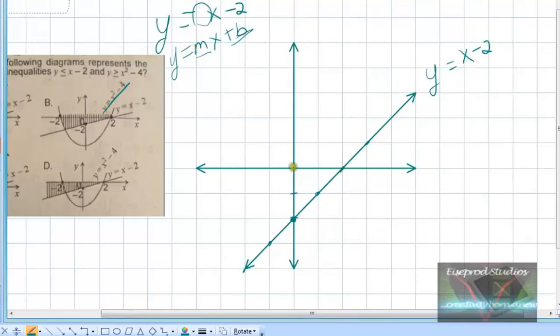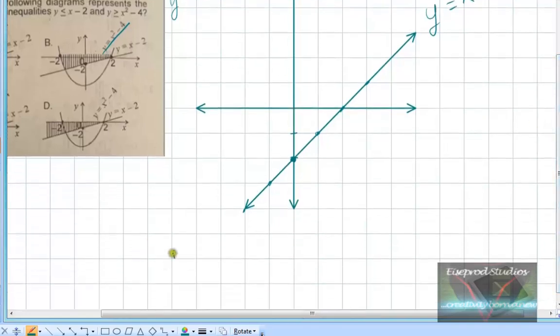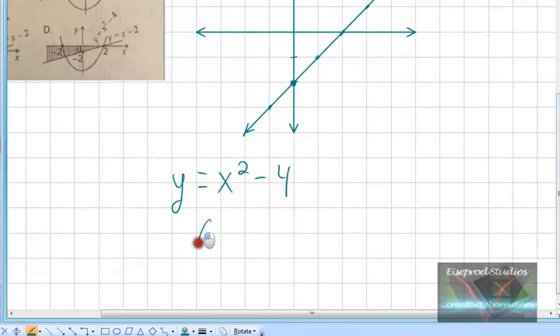And I'll show you why first, actually. So y is equal to x squared minus 4. That is the same as saying x plus 2 times x minus 2. Okay, so our y-intercept, I hope if I'm remembering this right, should still be at -4.